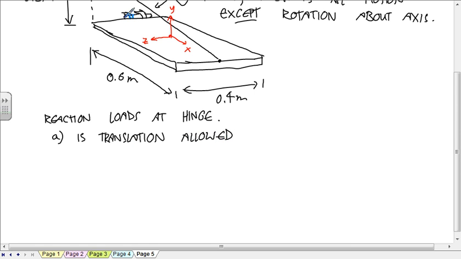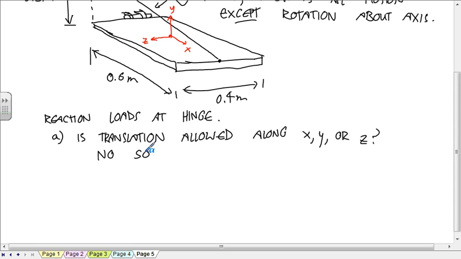So think of the points that are connected to this hinge. Is translation allowed along x, y, or z axes? So just think of pulling this thing along x, pulling it along z, pulling it along y. Can you move any of those points? Those are all prevented, okay?